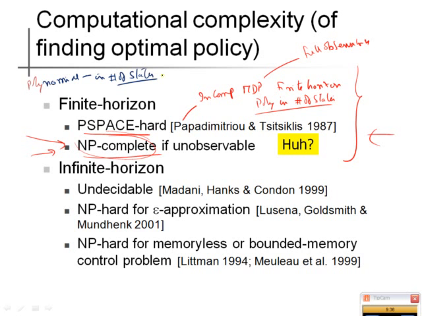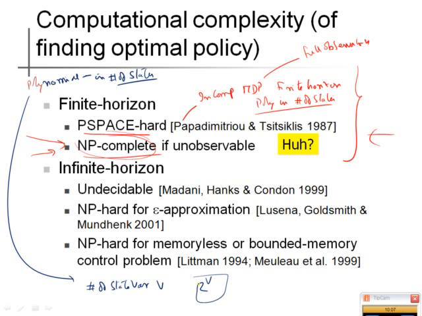Normally what you would like to think of is the number of state variables. If you have v state variables, then you have 2 power v states, and an MDP is polynomial in 2 power v. That means it's actually exponential in the number of state variables.